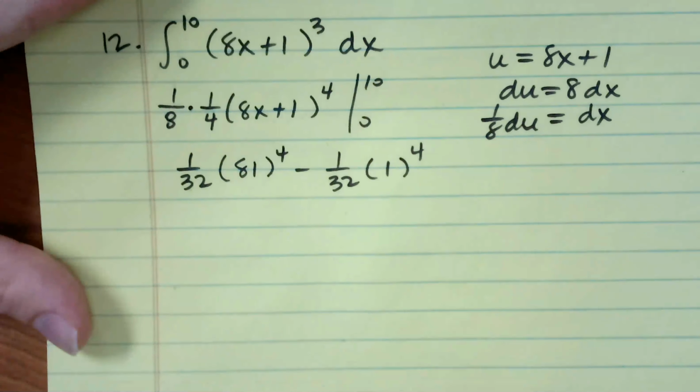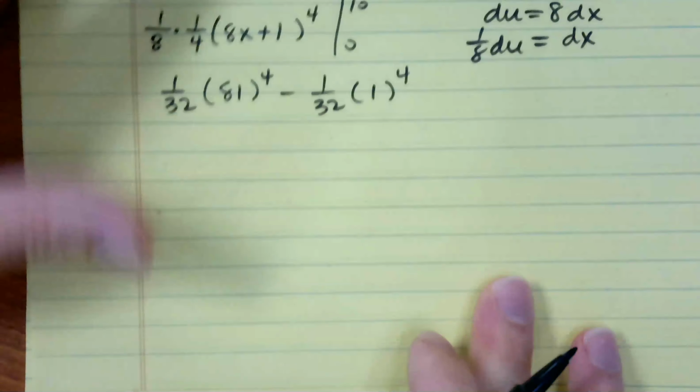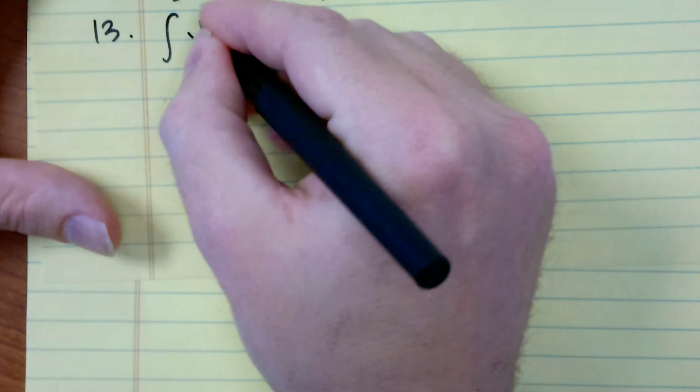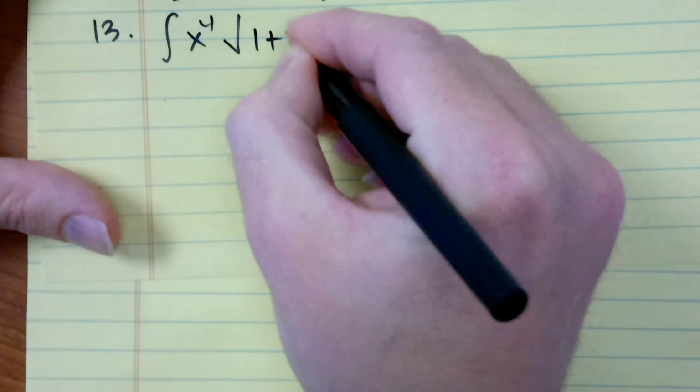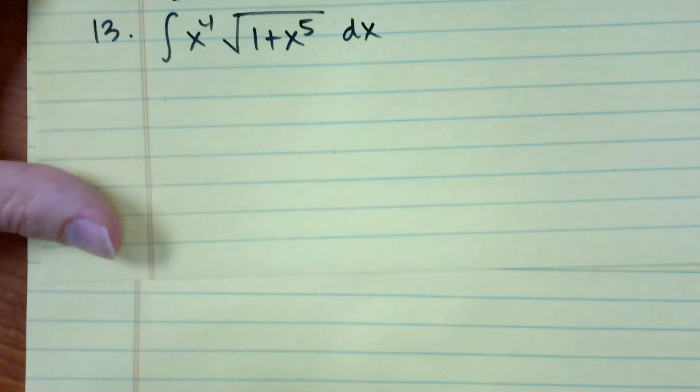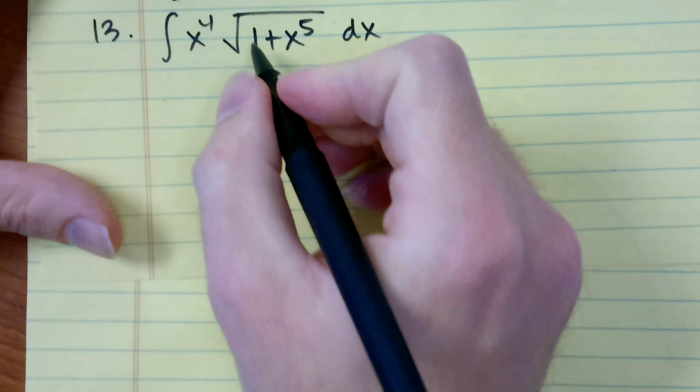All right, 13. Number 13 is just an antiderivative of x to the 4 times the square root of 1 plus x to the 5. So I'm going to let the inside of the composition of functions be u.